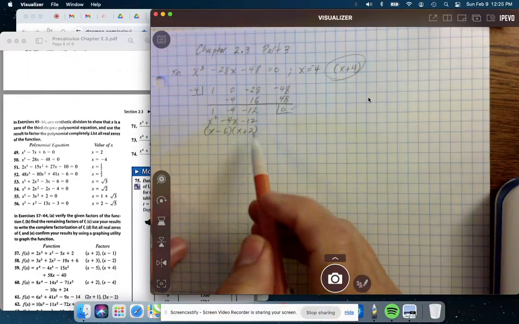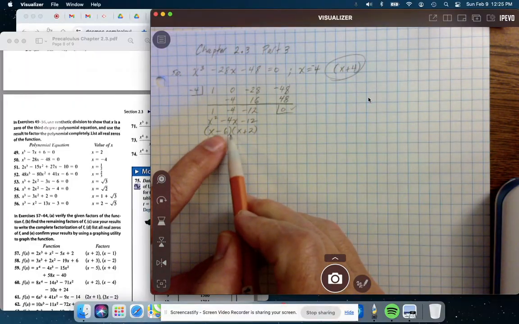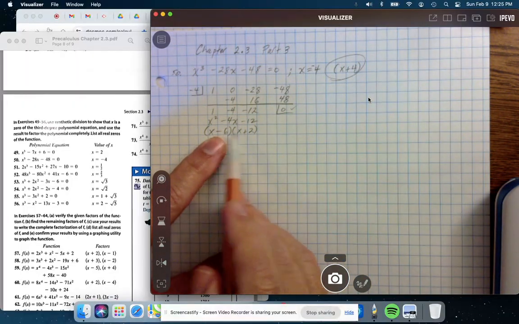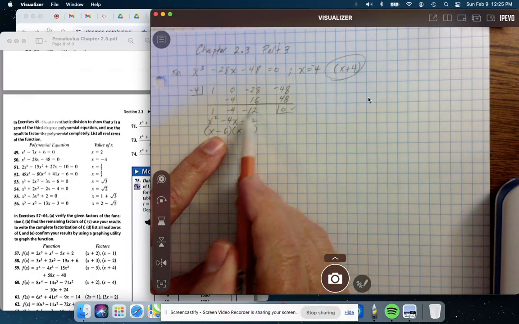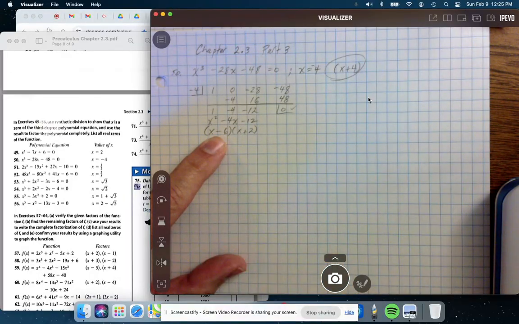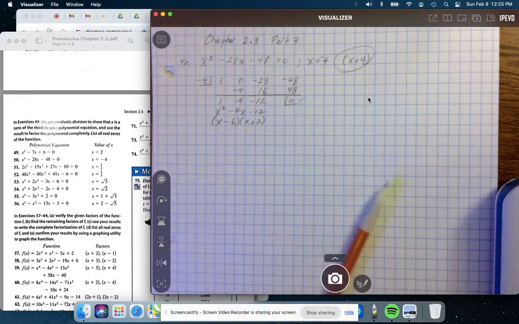Right? Because negative 6 times 2 is negative 12, and negative 6 plus 2 is negative 4. So those are the other two factors.